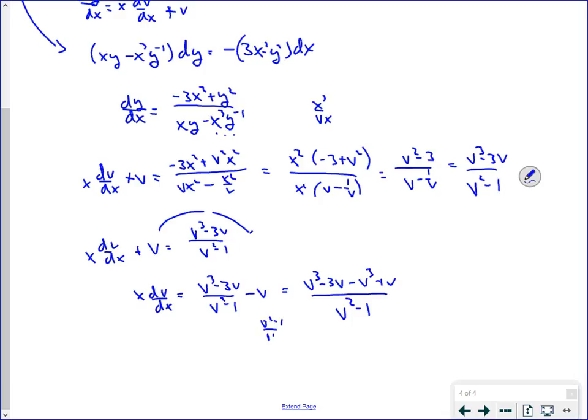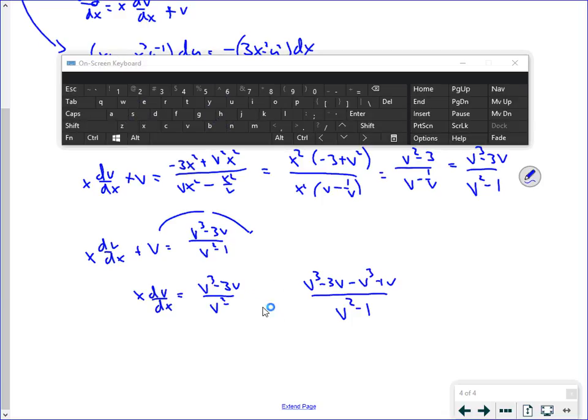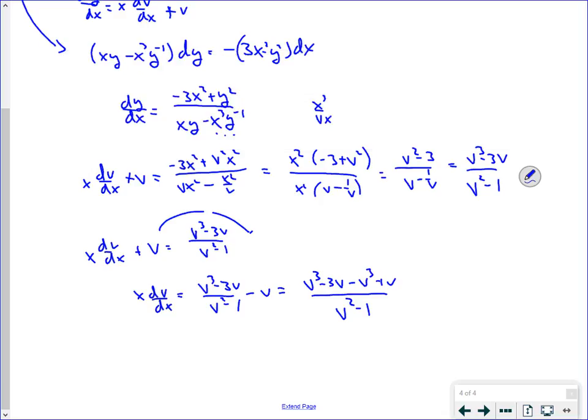That's where I get a v cubed minus v. And it's a negative in front of it. I made a mistake when I worked this out earlier. And this is working out to be a whole lot nicer than the mistake I made, because the v cubes go away. And we have a 3v, a negative 3v, and a v. So we end up with a minus 2v over v squared minus 1 equals that.